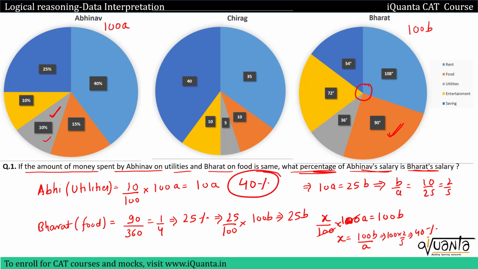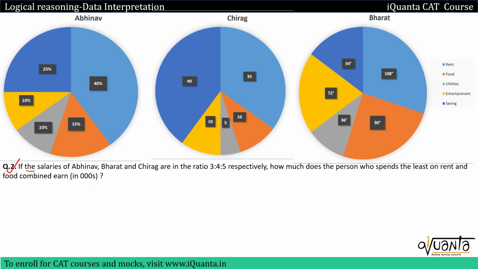Let's try to solve the next one. Now the second question is, if the salaries of Abhinav, Bharat, Chirag are in ratio 3:4:5 respectively, how much does the person who spends the least on rent and food combined earn in thousands? So let me assume that salary of Abhinav is 3A, salary of Bharat is 4A and of Chirag is 5A.